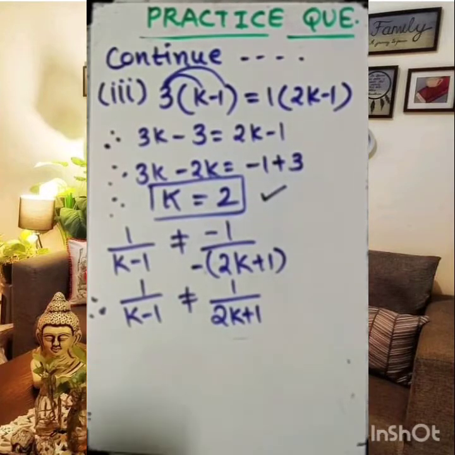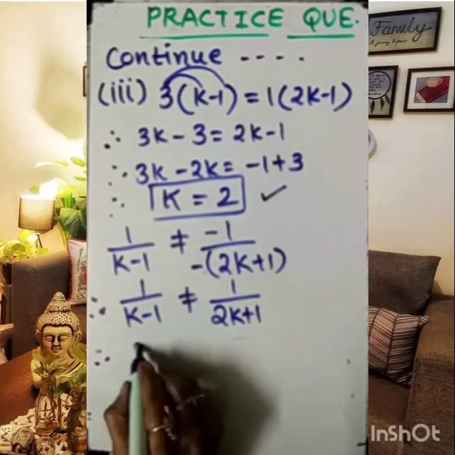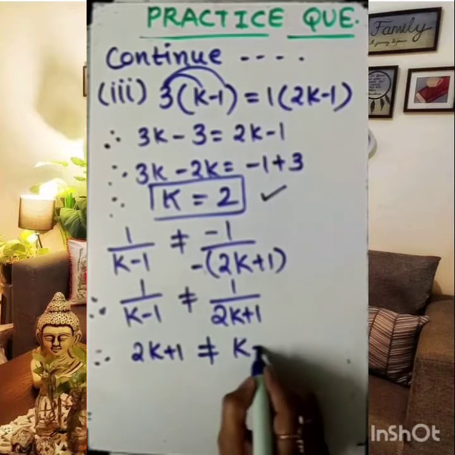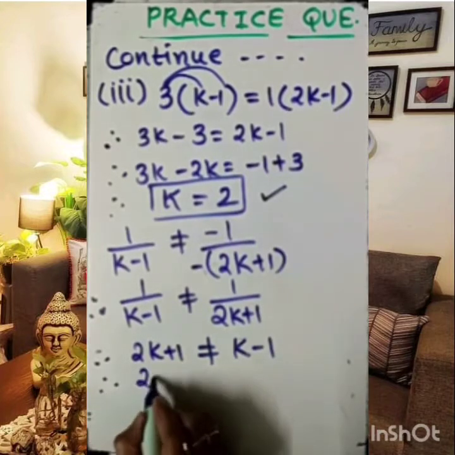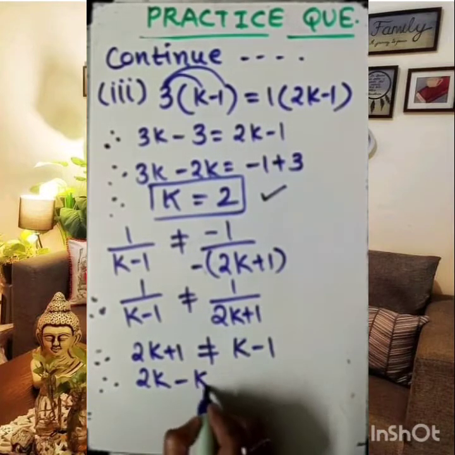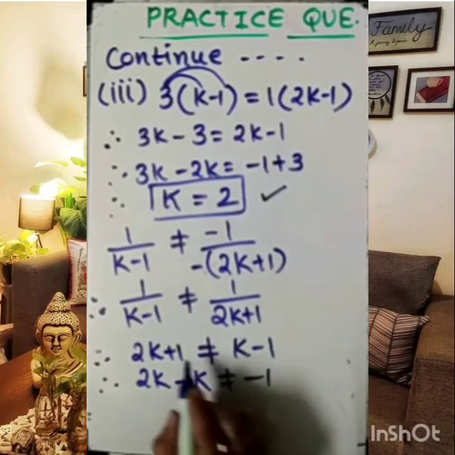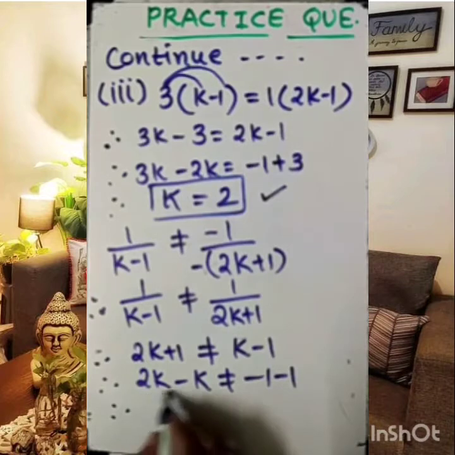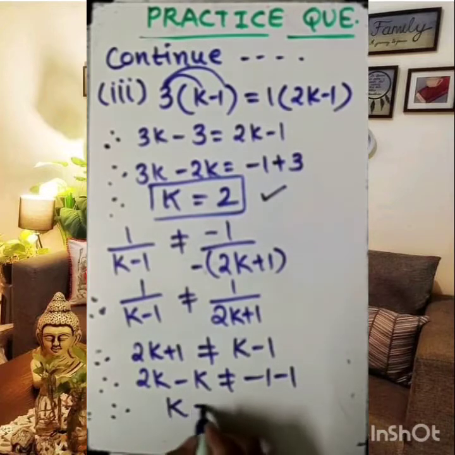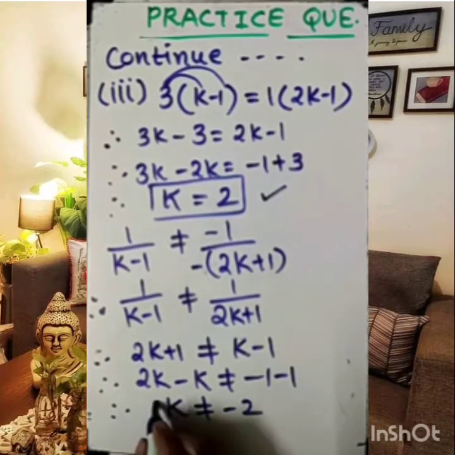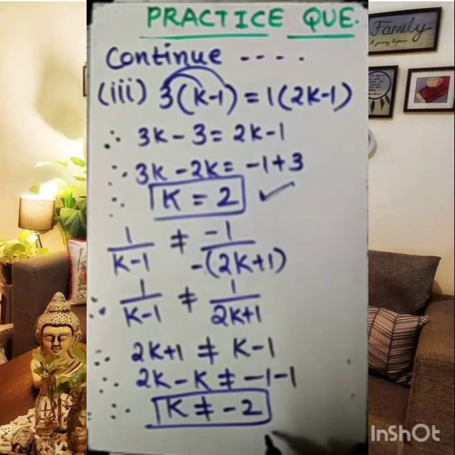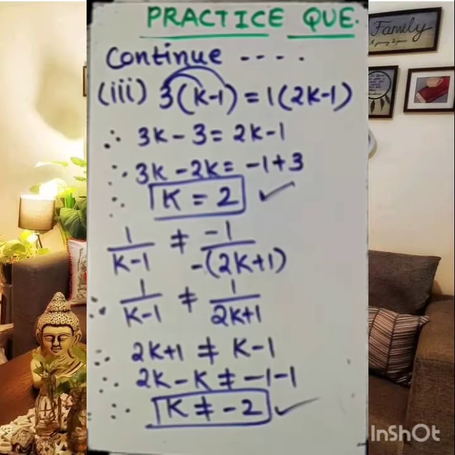So after cross multiplication, here we will have 2k plus 1 this side, which is not equal to k minus 1. Therefore, I am bringing k to this side, minus k. This is minus 1 already. This plus 1 will move to that side, minus 1. 2k minus k is k not equal to minus 2. So you can see k equal to 2 and k not equal to minus 2.